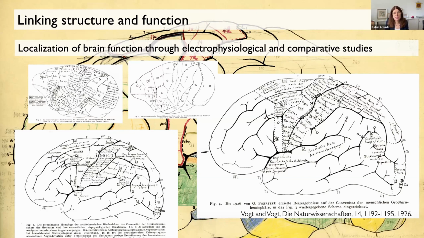And they came up with one of the first homunculus, also long before Sherrington published it, who was also a visitor in Königsberg. They also introduced the approach of comparative anatomy and physiology, and compared physiological findings in different species with the anatomy of these species, and then inferred how the physiology of these different species would look like in a human brain.